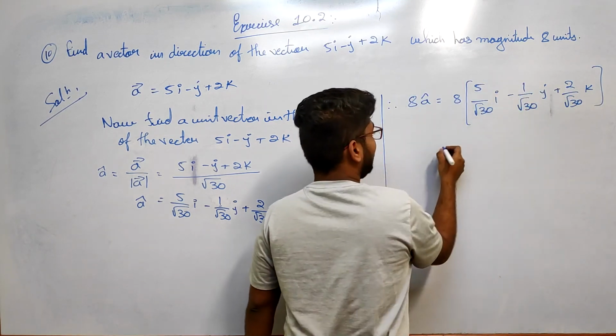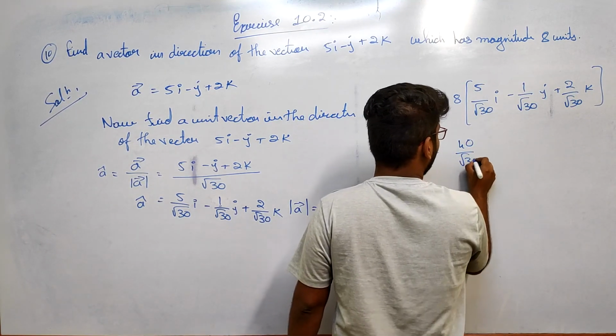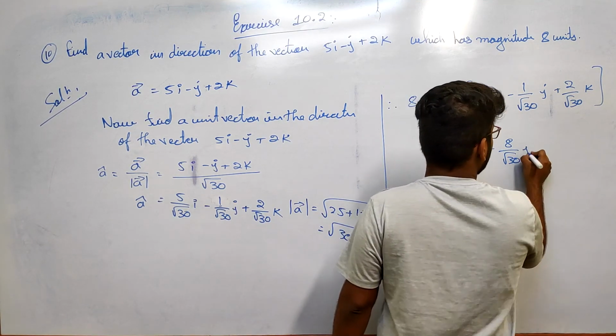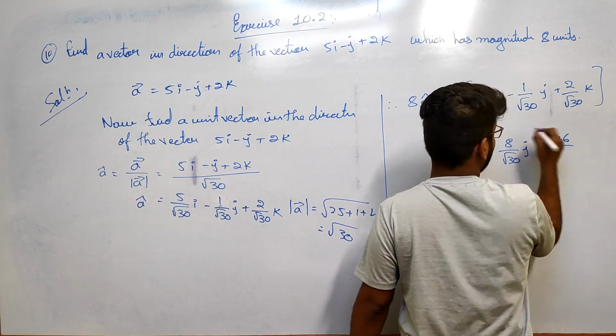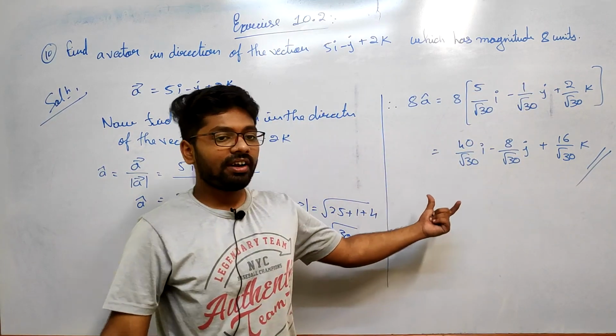Just multiply it inside. It will be 8 times 5 is 40 by root 30 i minus 8 by root 30 j plus 8 times 2 is 16 by root 30 k. So this is your required vector.